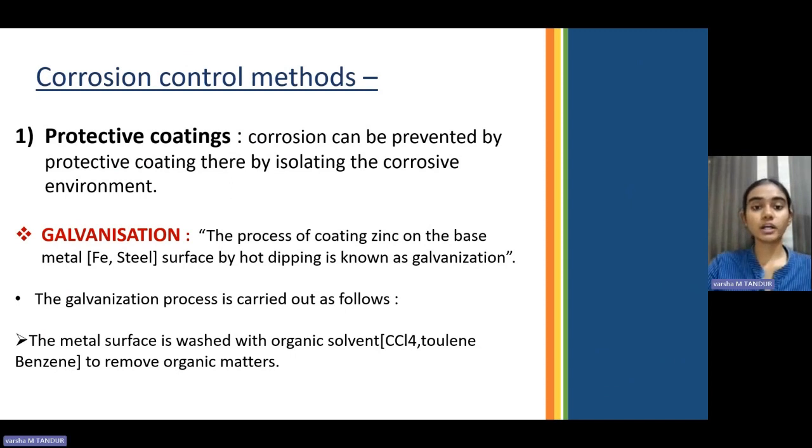For the corrosion control methods, we have galvanization, which is applicable only for the ferrous metals. So, what is galvanization? The process of coating zinc on the base metal surface by hot dipping is known as galvanization. The galvanization process is carried out as follows.